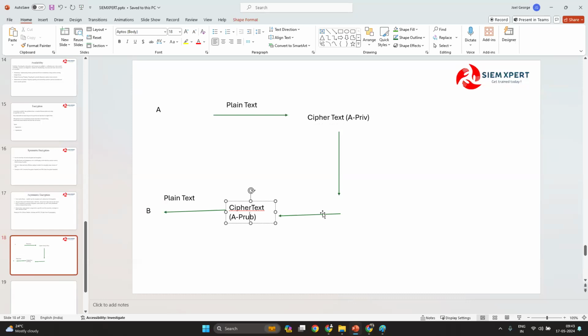Over here, A is trying to send a plain text which is converted to ciphertext with A's private key, because A is the only one who's got his private key. Nobody else has access to it. And it is sent over the internet. B decrypts it using A's public key, and plain text is obtained.